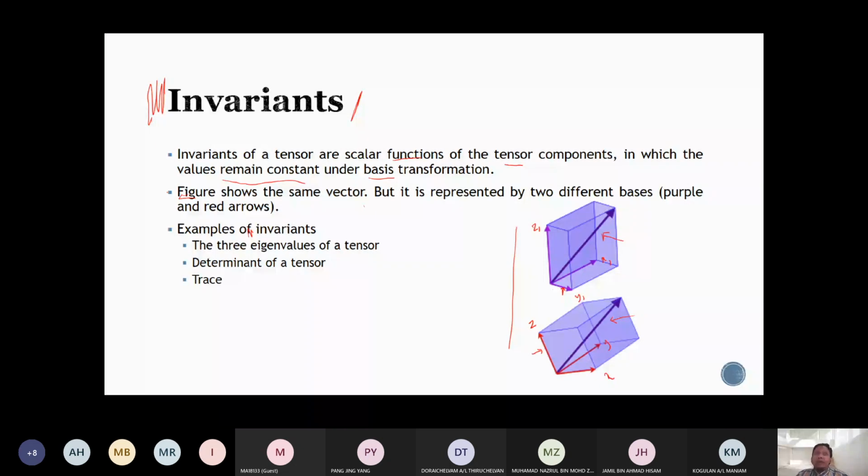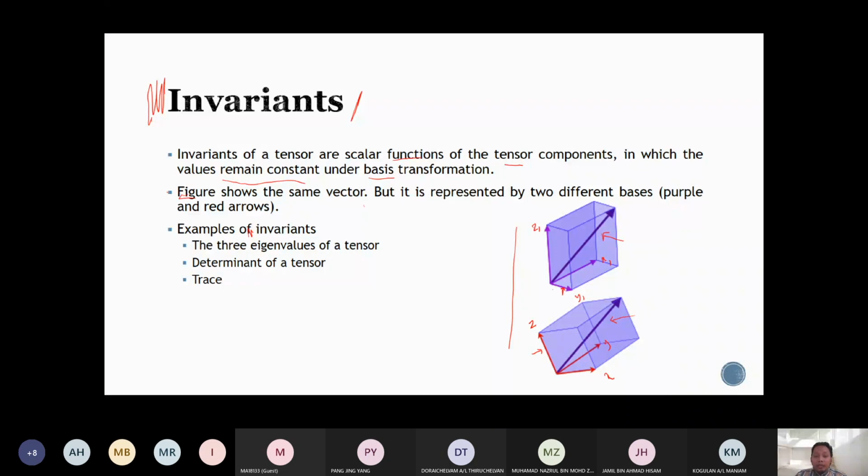The way you look at the car and the way your friend looks at it are different because of the point of view, but actually the car is moving at the same speed and in the same direction. The way you look at the car causes you to interpret the direction and magnitude differently. But there are some properties of the car's movement that remain the same between both of you. That thing that remains the same is the invariant.